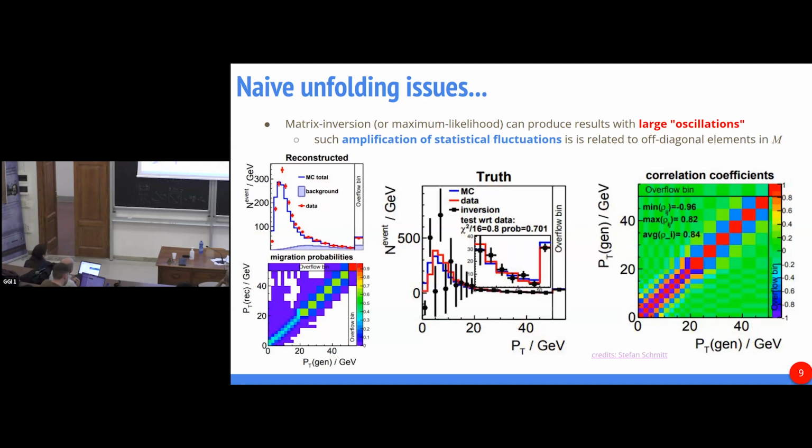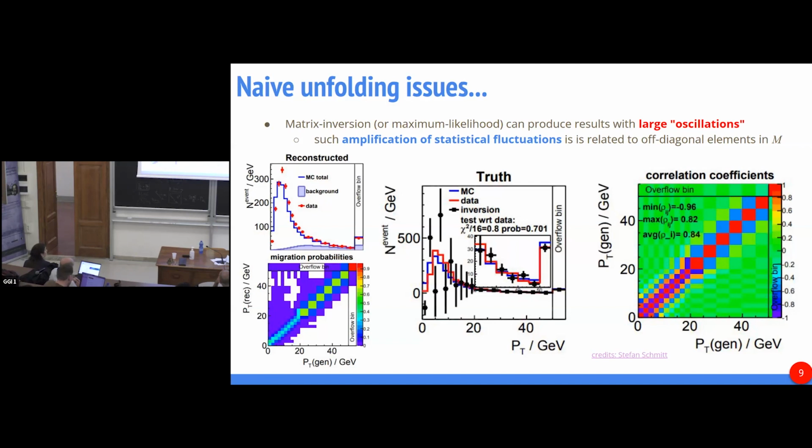If you want to understand them better, I like to try to understand this by considering the likelihood, the maximum likelihood unfolding, where you treat each of the truth level bins that you extract as a parameter of the fit, and then you can draw the correlation between these parameters.